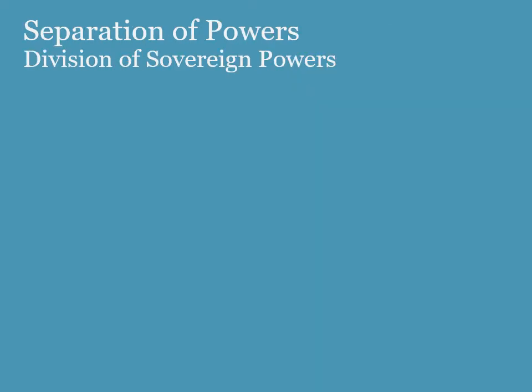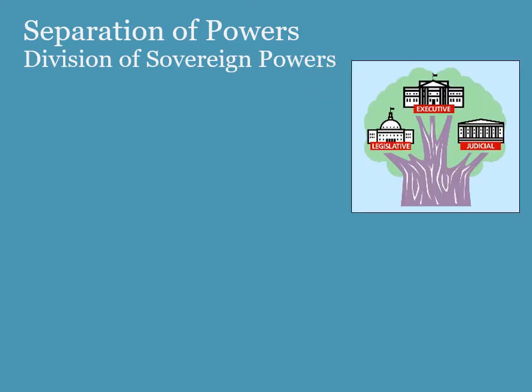So that's how the framers of the Constitution set up our government. 3 co-equal branches and respect for the rights of state governments and individuals. By dividing the government's various powers among the 3 branches, the framers of the Constitution separated these powers. And this separation of powers was intended to create a system of checks and balances so that no one branch of government can dominate the others or usurp their authority.